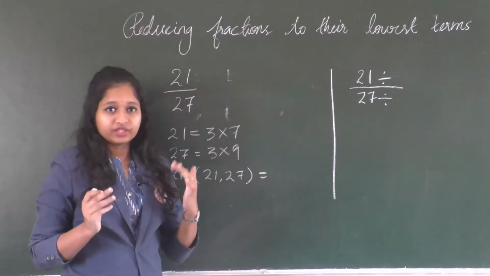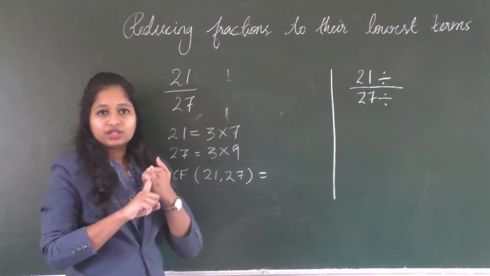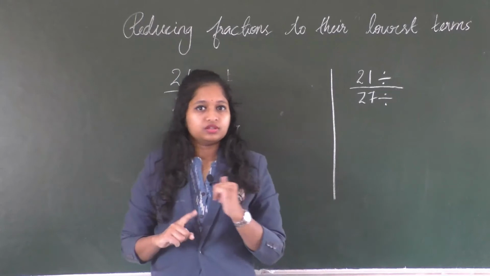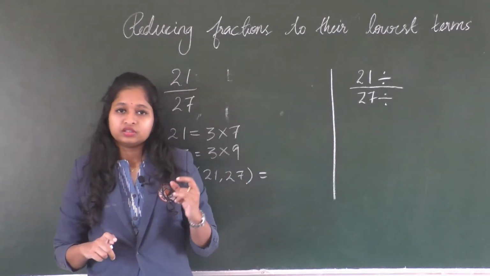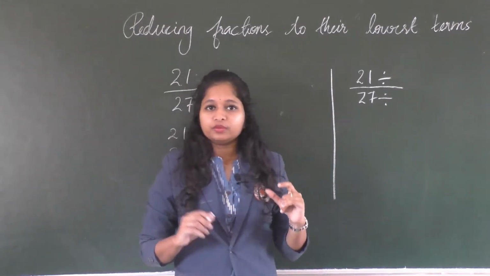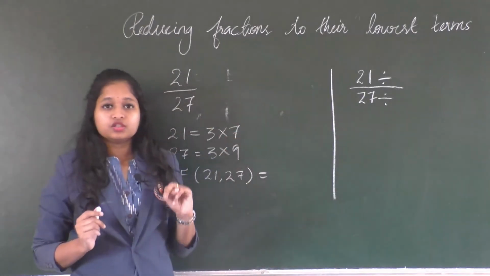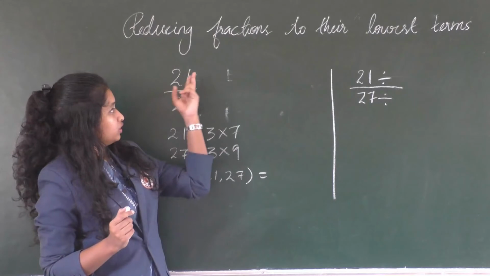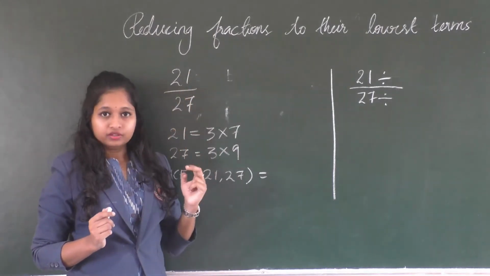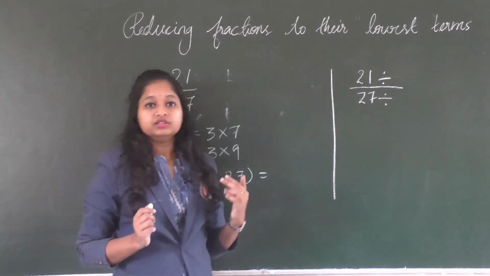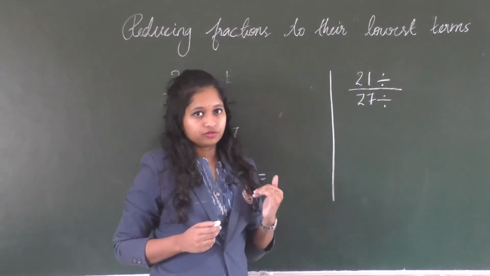Okay? For that, one method is we have to find the common factors and then divide the numerator and denominator by that particular factor. The second method is to find the HCF of the numerator and denominator and divide the numerator and denominator by the HCF.